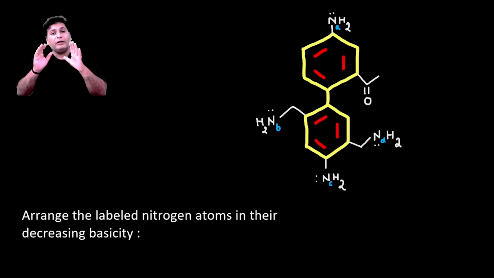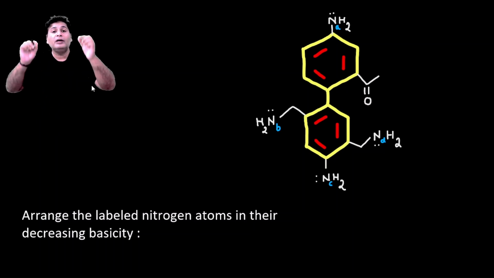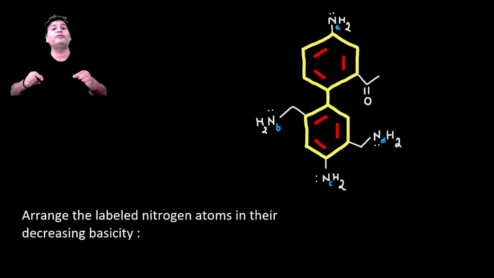Now for that to be checked, I have spoken a lot about this. The lone pair should remain localized on the nitrogen. It should not go away from one place to another. It should not be in conjugation, because if it comes in conjugation, the availability of electrons becomes less and therefore the basicity becomes less.